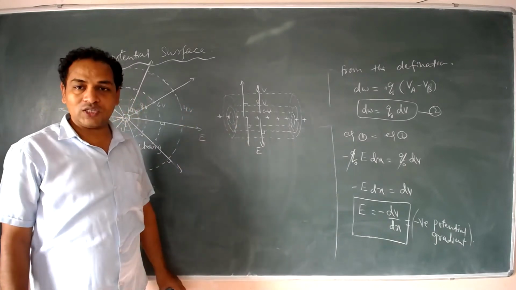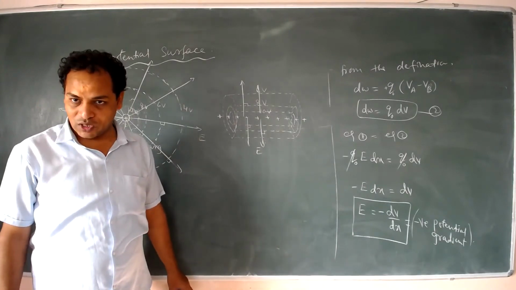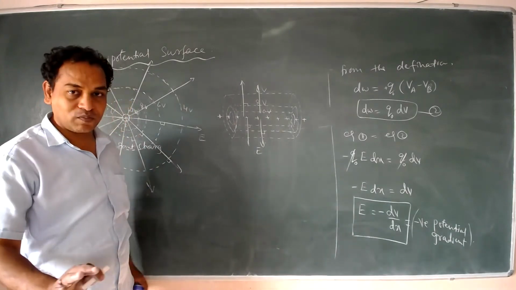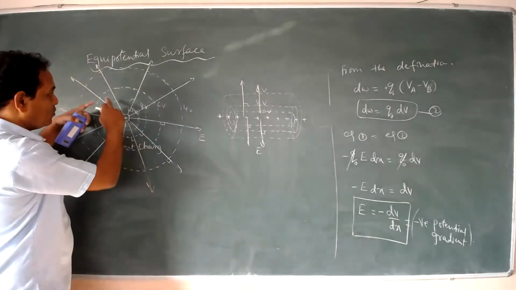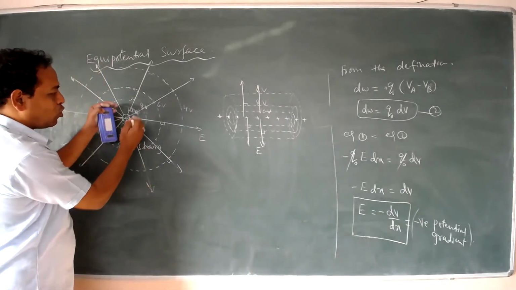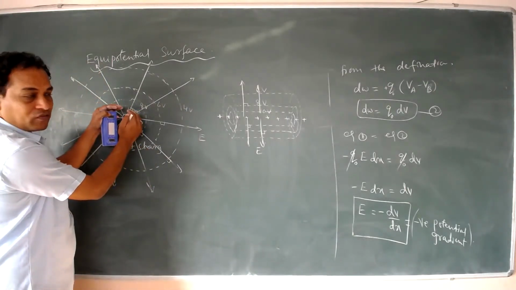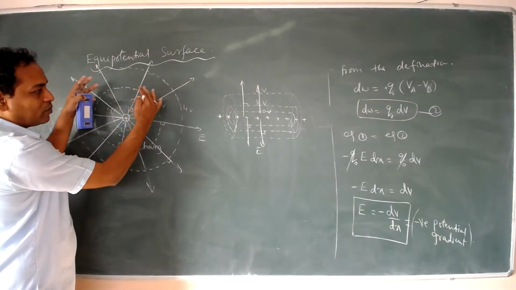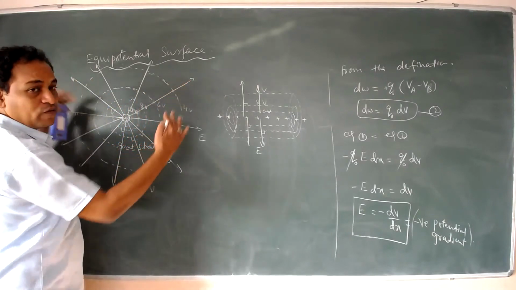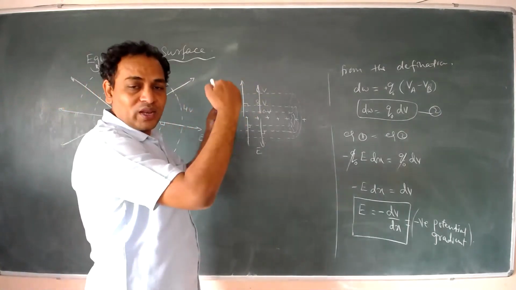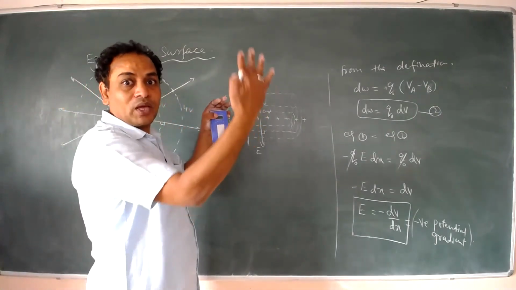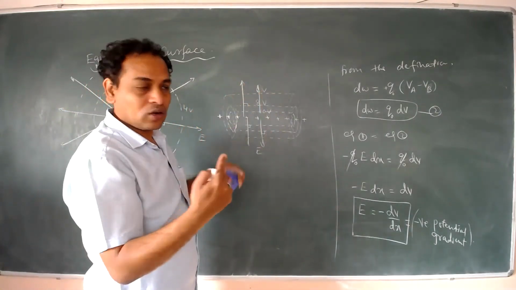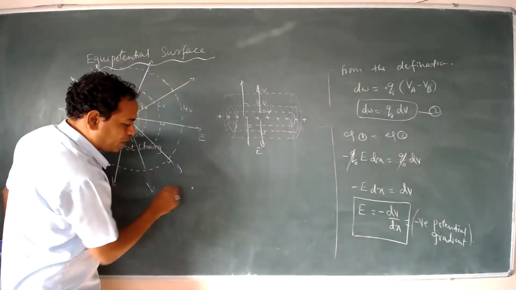Similarly, we can say one is a plane equipotential surface. What does a plane equipotential surface mean? See, this is initially smaller in size. After that, it becomes a little bigger. After that, it becomes a little bigger. In this way, if you go to infinity, then this curved surface will become a plane. Got it? To understand this, suppose this is the point charge.